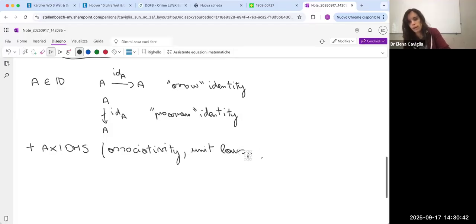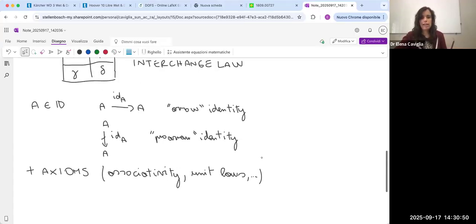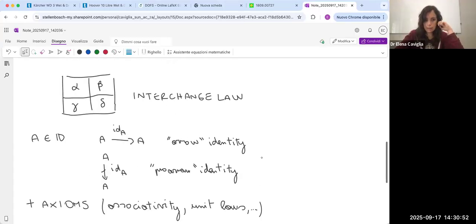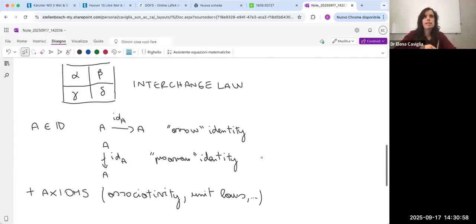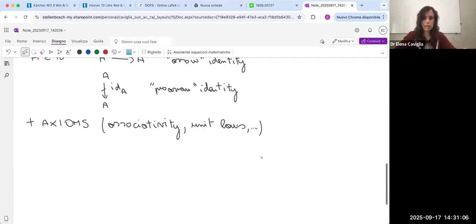So we have the usual axioms that we require. Okay, so this is what a double category is, but we were saying that this is an internal category in the category of categories, so we want to specify a little bit more what this means.